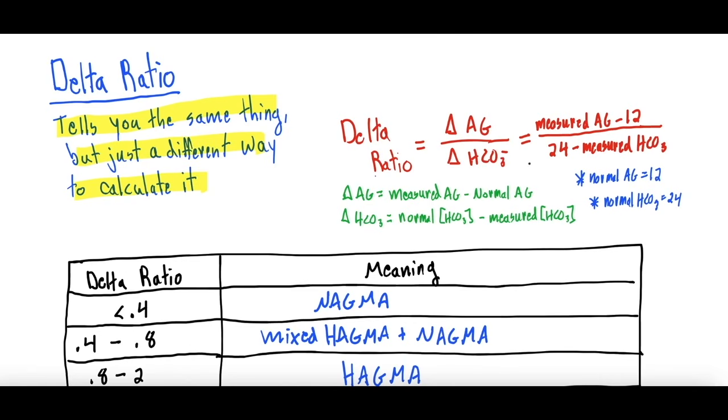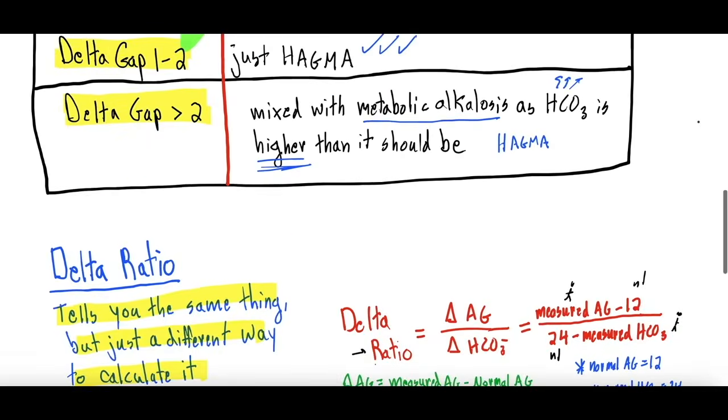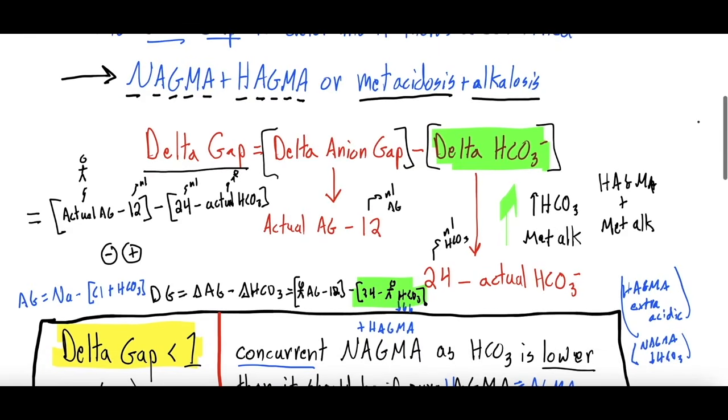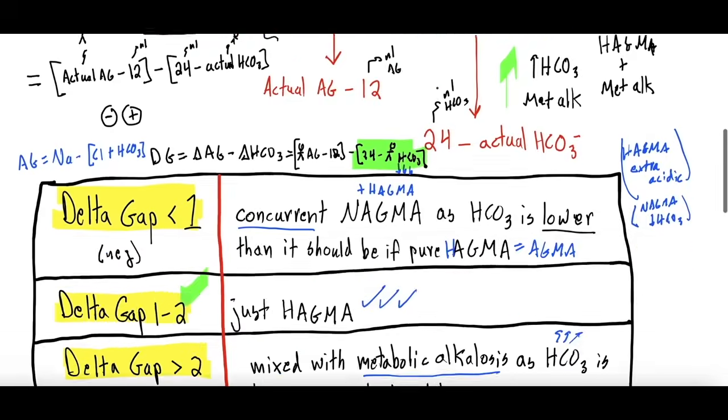And just like the delta gap, the delta ratio is the measured anion gap minus 12 divided by 24 minus the measured bicarb, right? This is the normal anion gap, and this is the patient's anion gap. This is the patient's bicarbonate. So if we scroll back up, it's literally the exact same equation as the delta gap, except the delta ratio divides these two things rather than subtracts them.